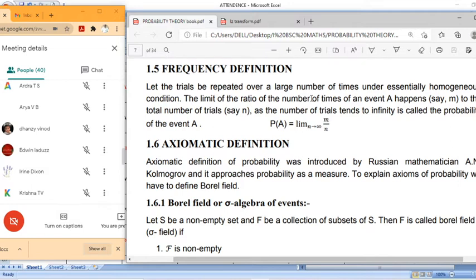You can continue the procedure up to 50 times, or up to 100 times, and if you observe that the number of favorable cases by total number of cases is approaching a constant.